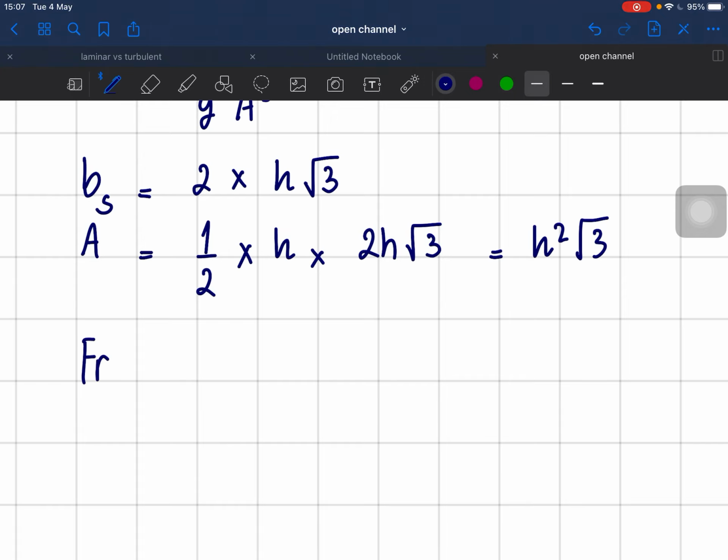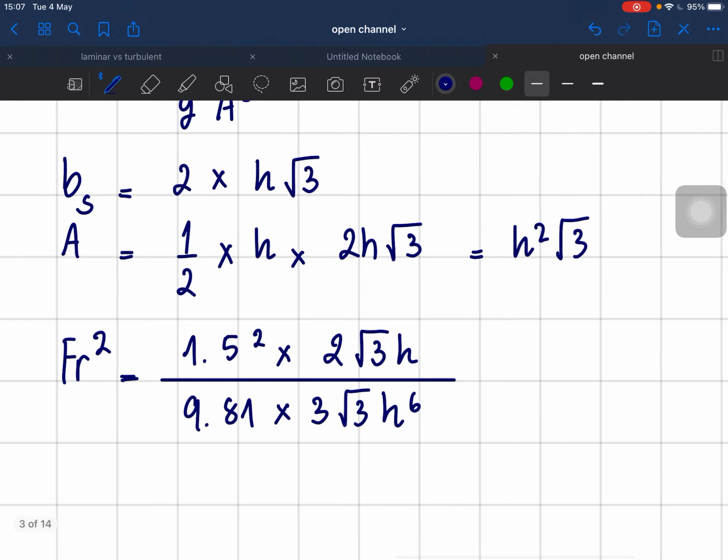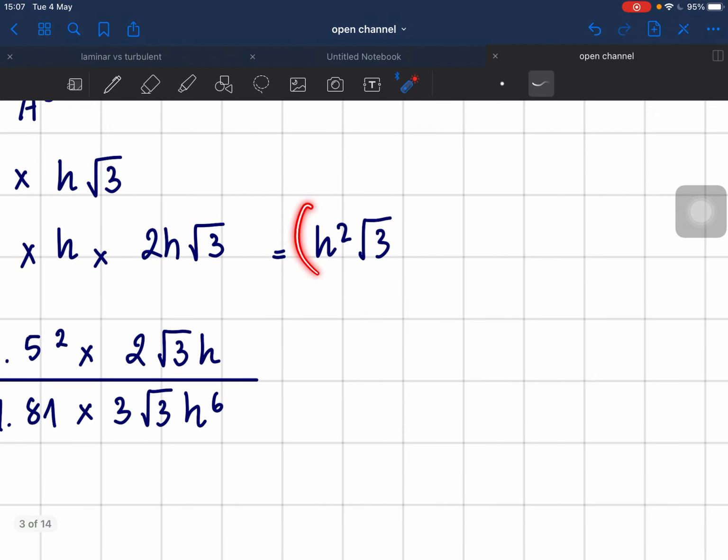Fr square equals to 1.5 square times 2 square root of 3h. Everything is over 9.81 times 3 root 3 h6, because this one here, it's like this, right?